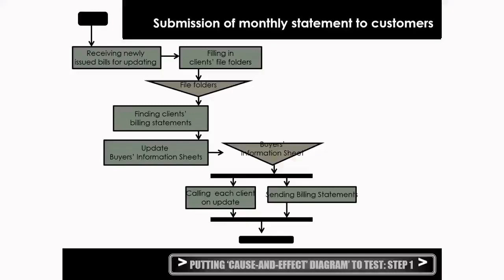Practically, it is not a new thing. What you are going to do is use some symbols to convert it into decision and process steps, divide the entire process into sub processes, and recognize the relationships.